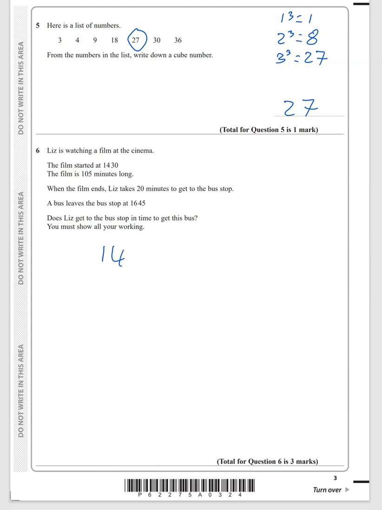Right, okay, so the film starts at 14:30. Now 105 minutes is the same as 1 hour and 45 minutes because there's 60 minutes in an hour. So if we add 1 hour 45 onto this, we get 15:30, well, that's 1 hour on.